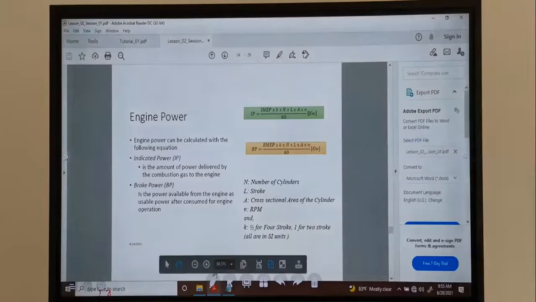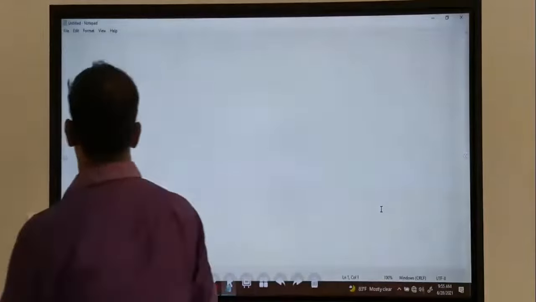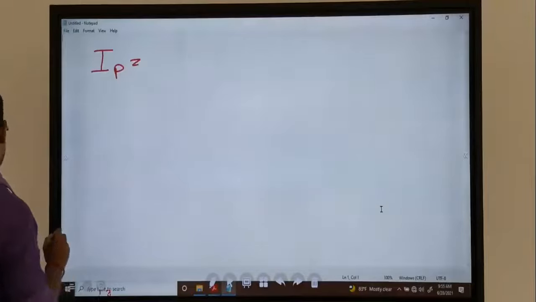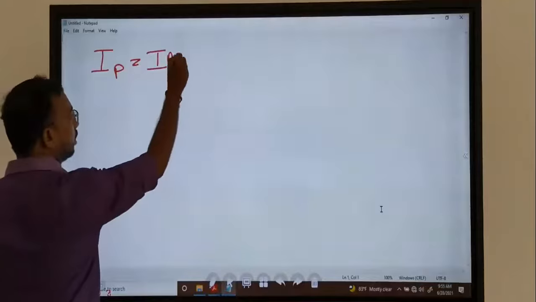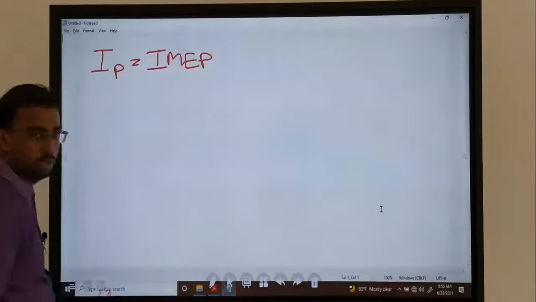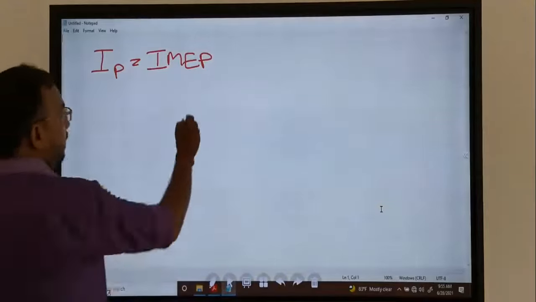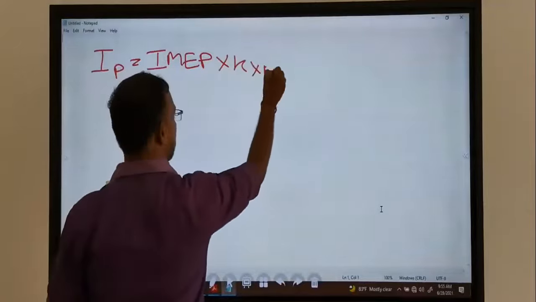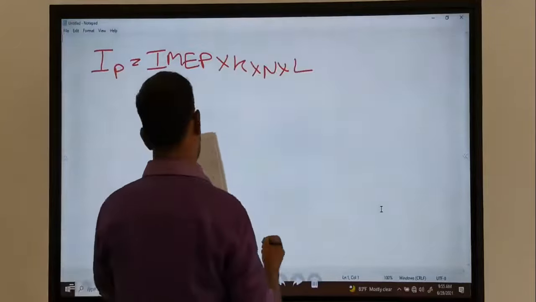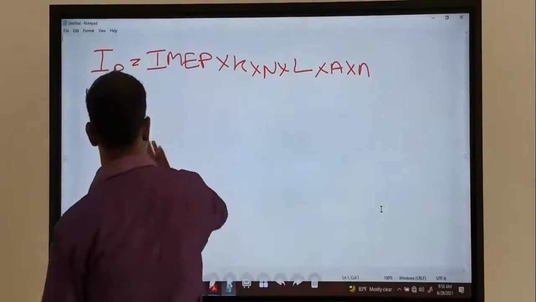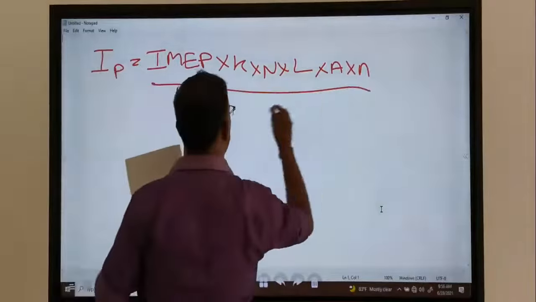So here we use the equation. The second, indicated power equals IMEP into K into N into L into A into N over 60.